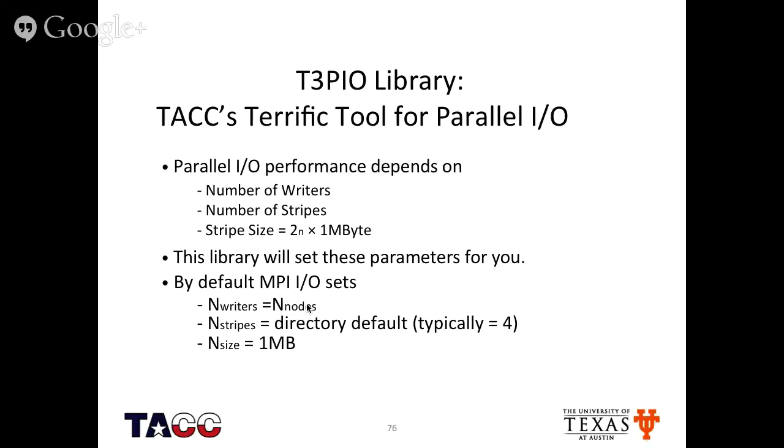So what we know is that parallel I/O performance depends on the number of writers, the number of stripes, and the stripe size. And somebody previously asked about stripes. So to be clear, originally in the 80s, everybody just had a single disk drive connected to their computer. And this guy, his first name is Randy, had this idea.